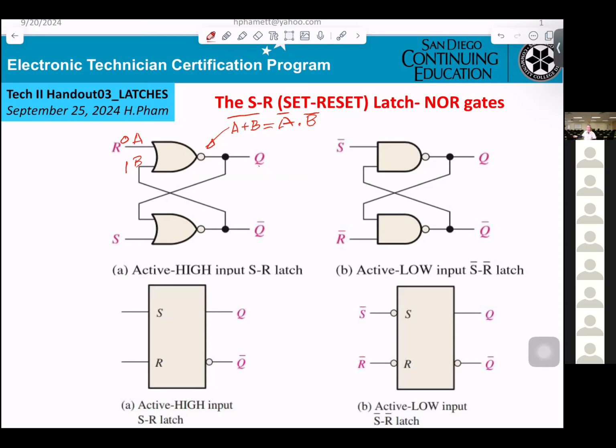That's what I gave you, the formula right here. Okay, A 0, B 1. A 0, so not A will be 1. B equals 1, so not B will be 0. 1 and 0, you must get 0.